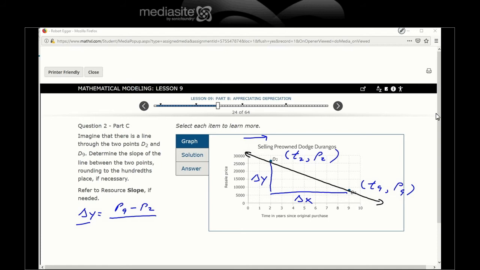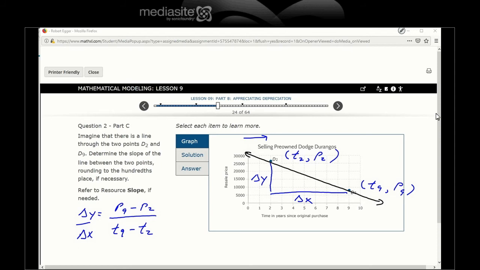And for delta x, since I'm doing p9 first, I better do the corresponding x value, t9 minus t2.